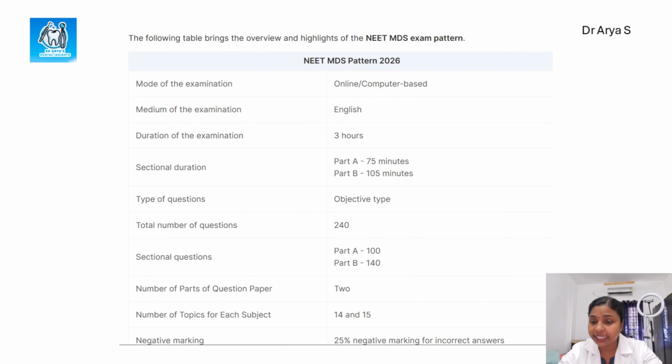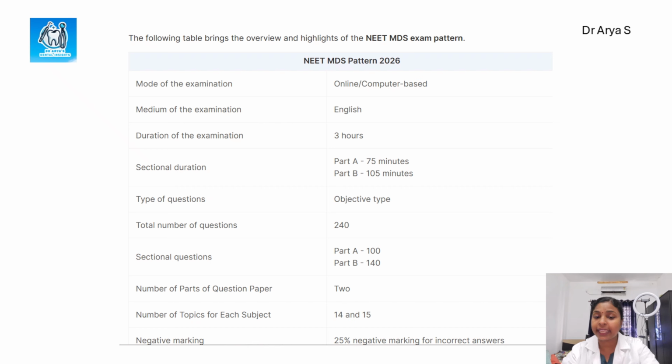So here is the NEET MDS pattern. The mode of examination is online, or computer based. English is the medium of examination, with a 3-hour duration. For part A it is 75 minutes and part B it is 105 minutes. It is objective type, 240 questions in total.